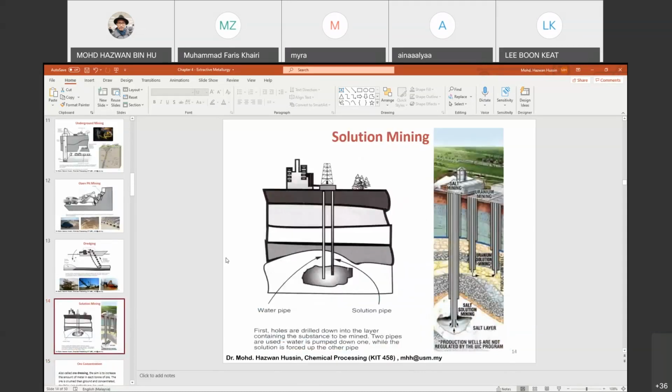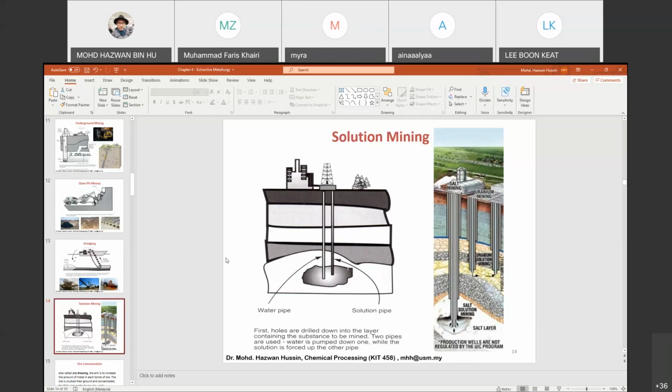And finally, we have solution mining. Solution mining actually uses water as a medium, a mobile phase, to remove the mineral. So it is still being drilled underground, and water will be pumped in. The reason is because water will eventually leach the metals, and the solution will be removed out.